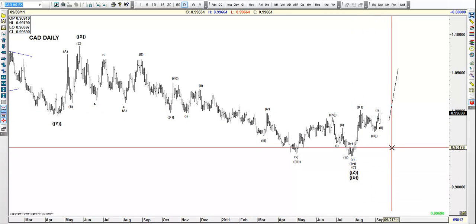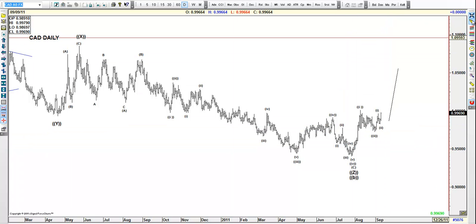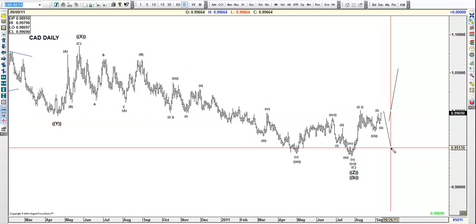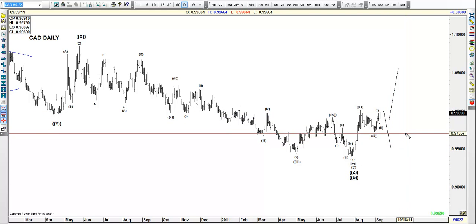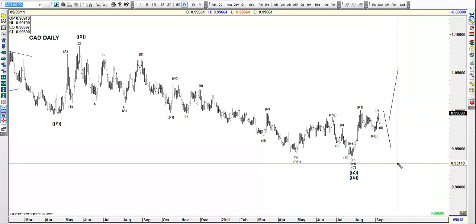And I want to be clear, there is still a chance on the CAD that it is going to trade lower here, because I'm expecting the dollar to get weak at some moment during the week, and that can be possible.